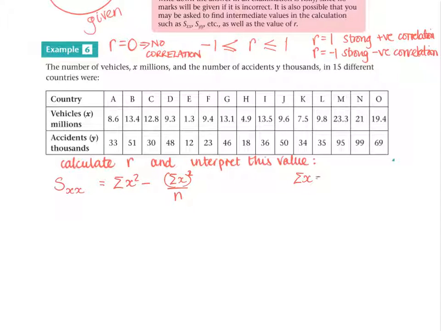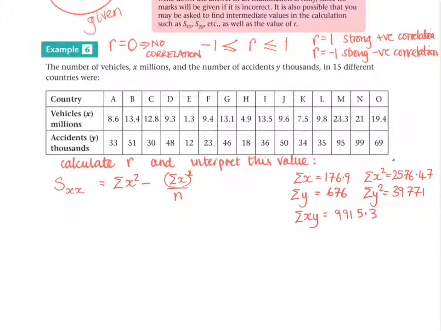Just to save on a bit of calculation, I've worked these out to be, and you can check them just to make sure, so you can work out everything you need in the equation. The sum of x's, 2576.47, and as I said before, these are usually given to you because you've not got enough time in an exam situation to do all the number crunching. The other thing that would be given to you is the sum of x times y, which is 9915.3.